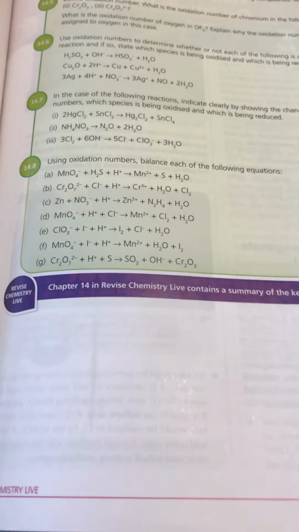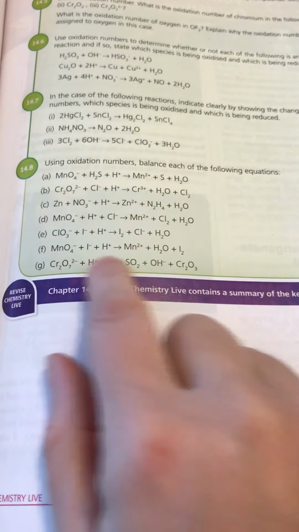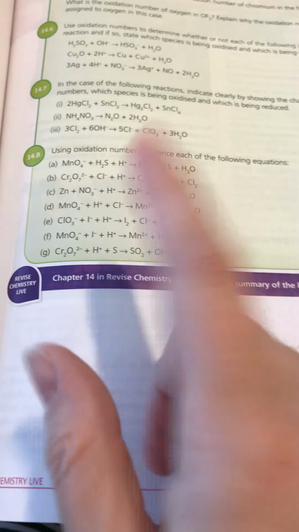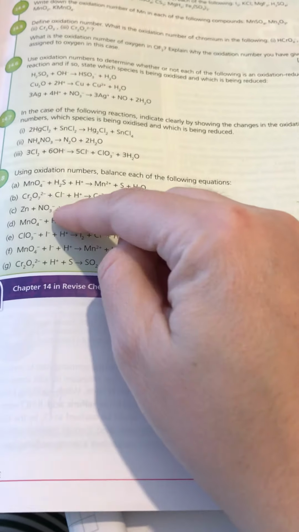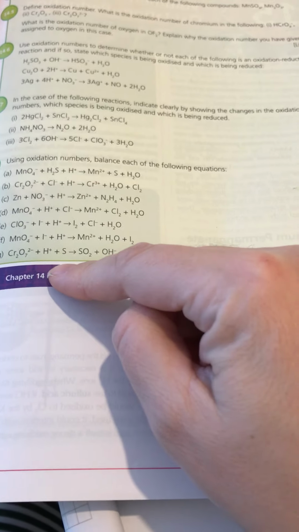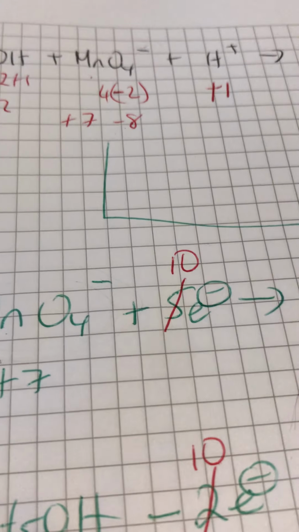But I know, for example, Nicolette, I think you in particular were looking at oxidation reduction reactions. I'd ask you to take a picture of yours, once balanced, and I'll have a look and see what mistakes you might be making. Even if you do maybe the first 3, get me to check them before you move on. The answers are all in the back of the book, so you can check them that way as well. But if you want to check with me first before you do more than 3, because you don't want to do a huge number and then realise you're wrong.